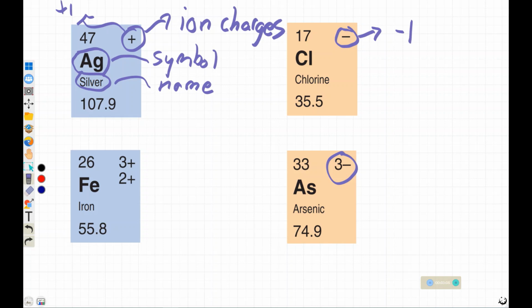And then with metals, there are some of them that might have multiple ionic charges, like with iron here. It has the potential to either have a 3+ charge or a 2+ charge. These metals are known as multivalent metals. And those will come up a bit later in another video when trying to answer some of these questions.